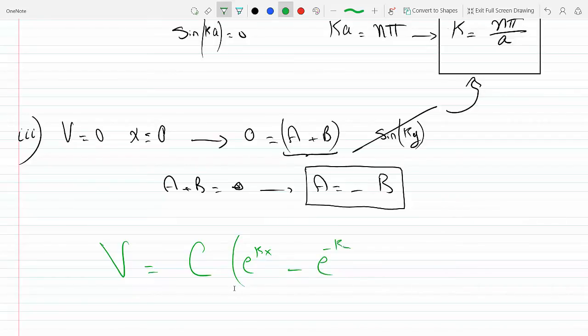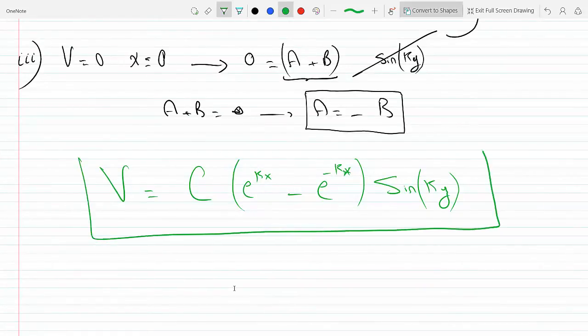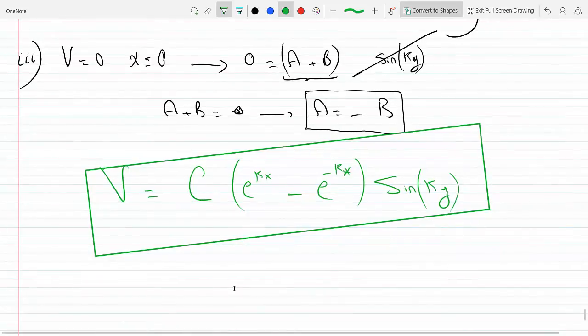E to the minus kx times sine ky. So c e to the kx minus c e to the minus kx, because one is negative the other, and I absorbed the sine coefficient into the c coefficient. We could do that. So now we're down to this guy here.